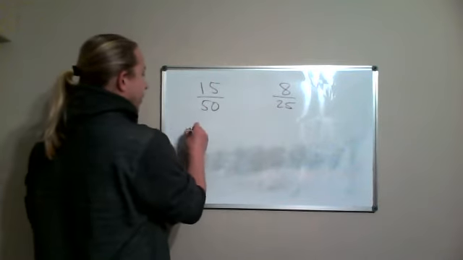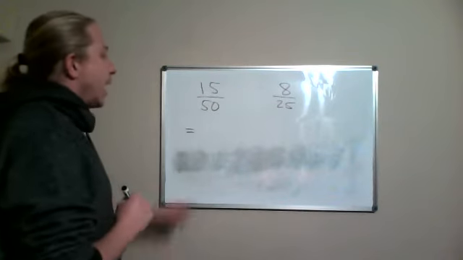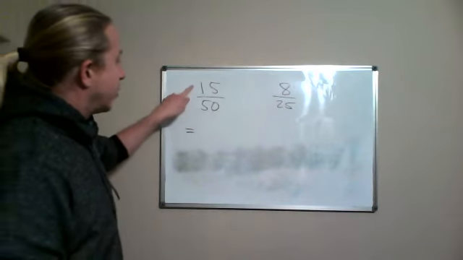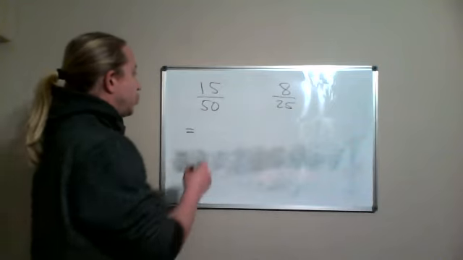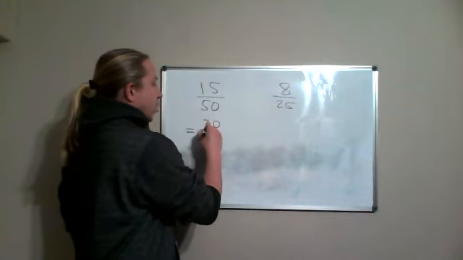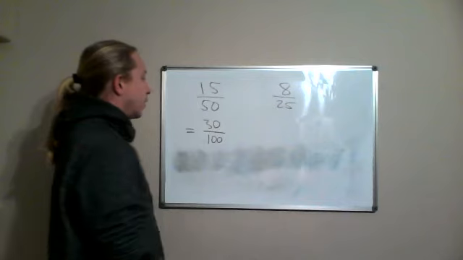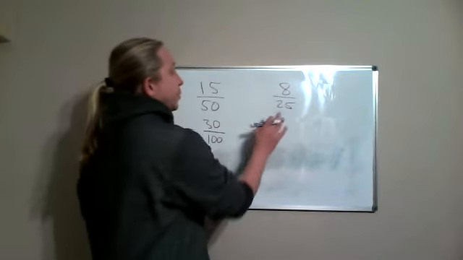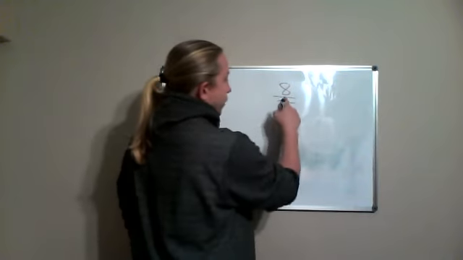Okay, so for this one over here, 15 over 50, I know I can turn this 50 into 100 by multiplying by 2. So I'm going to times by 2, times by 2. So I'm going to get 30 over 100. Okay, so this person got 30 out of 100 correct. This person over here, well, 8 over 25.